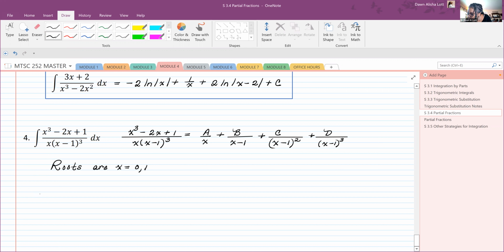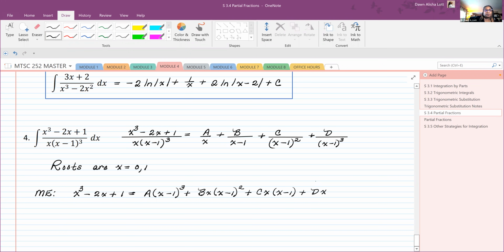Here's the major equation. It's going to be x cubed minus 2x plus 1 is going to be a times x minus 1 cubed, plus b x times x minus 1 squared, plus c x times x minus 1, plus d x.